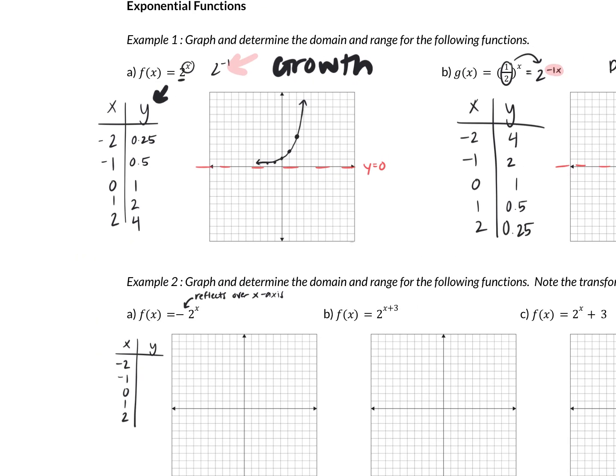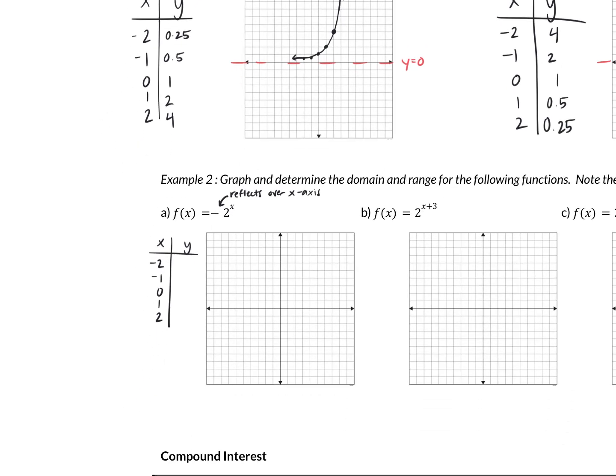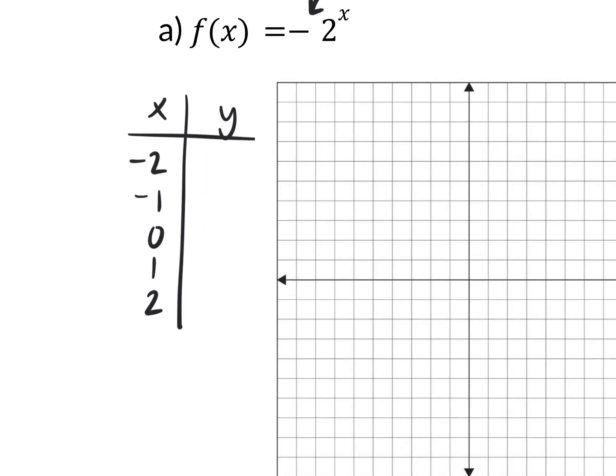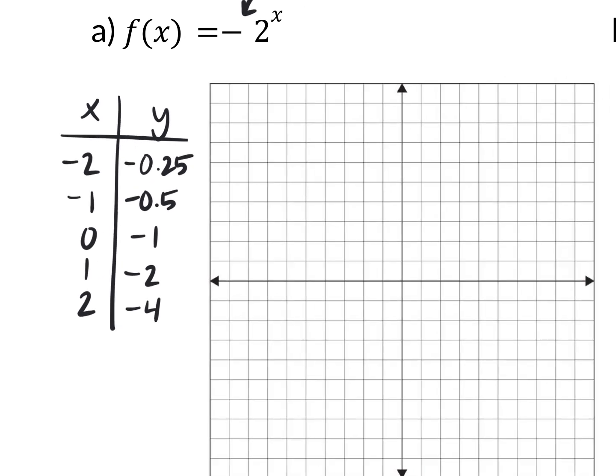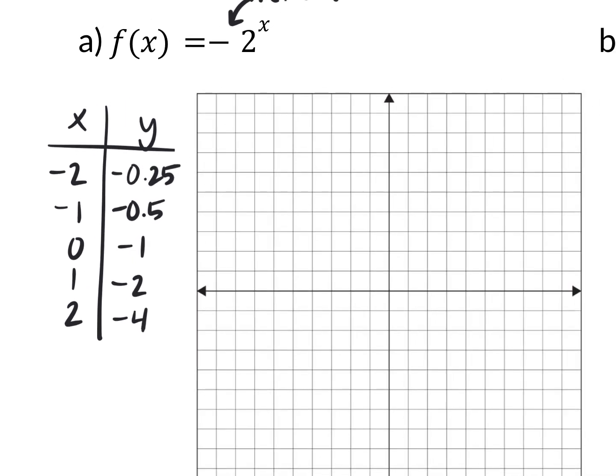We're taking all of those values and we're flipping it over the x-axis. So what's that going to do to all of my y values? Make them negative, right? So it's going to be the same y values, but I'm going to make all of them negative. So this is -0.25, -0.5, -1, -2, and -4. So I can go ahead and plot these points.